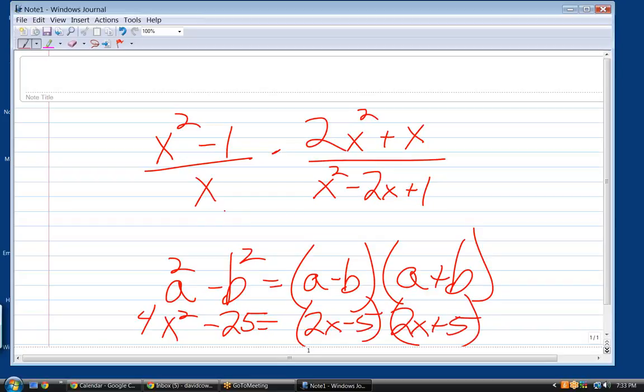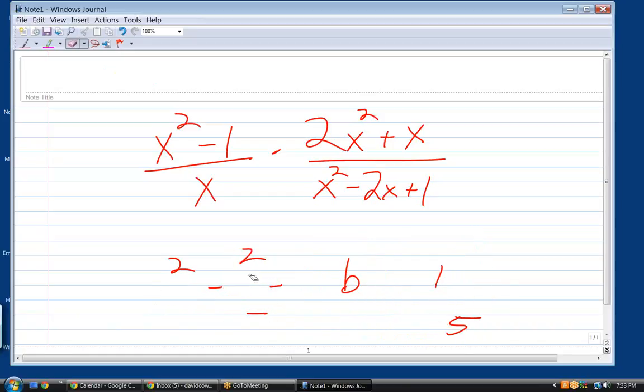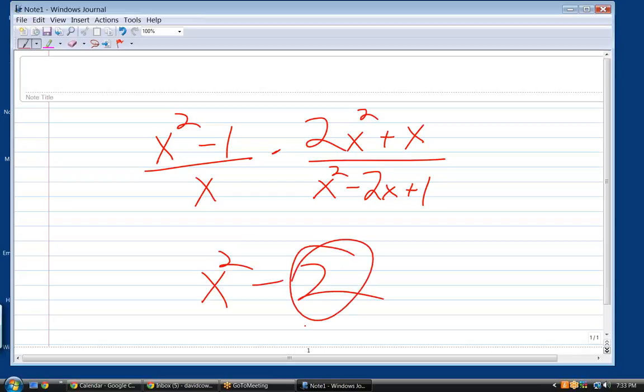Whenever you see a quadratic that does not have an x term in it, most likely it's going to be the difference of perfect squares. That's all they are going to give you. In other words, you're not going to see something like this, because 2 is not a perfect square number. Okay? So as long as they're both perfect squares, you can factor it.